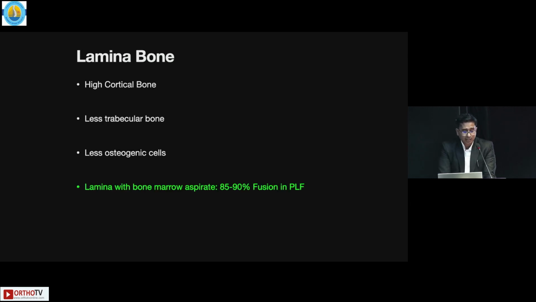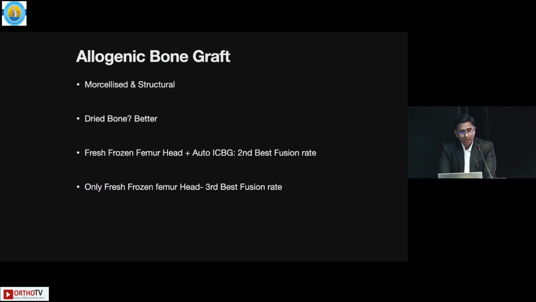Locally available lamina is next to the iliac crest bone graft. The problem with this is that it is high in cortical bone, with less trabecular bone and fewer osteogenic cells. So we can improve the fusion when we incorporate this with bone marrow aspirate. The second thing is allogenic bone graft. Most of us are using a dried or morselized allograft from Tata Hospital.